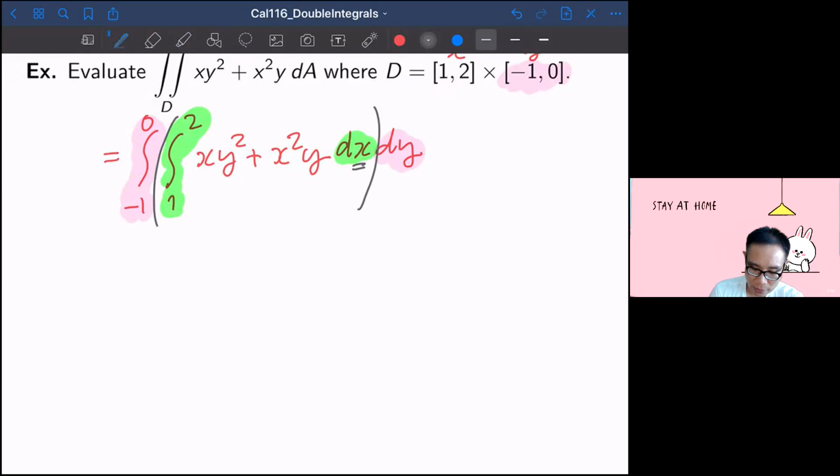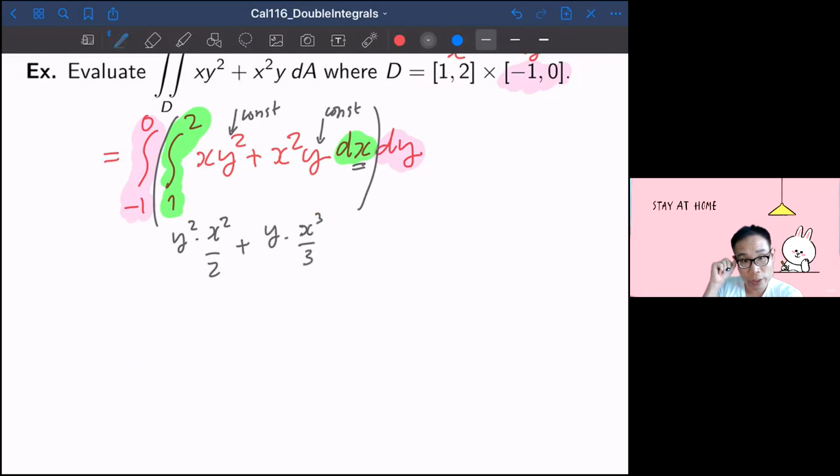You integrate with respect to x, so you have constant y. In this case, you get y squared times x squared over 2 plus y times x cubed over 3, from x equal to 1 to x equal to 2.